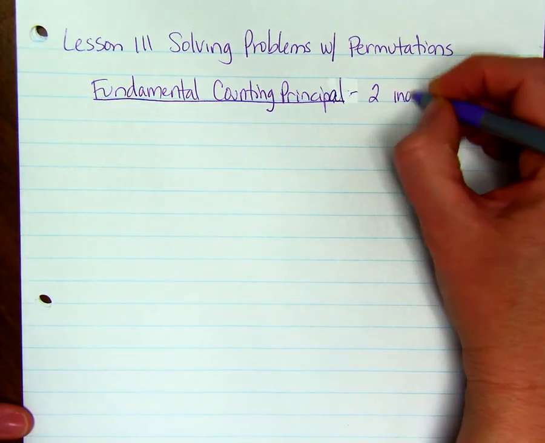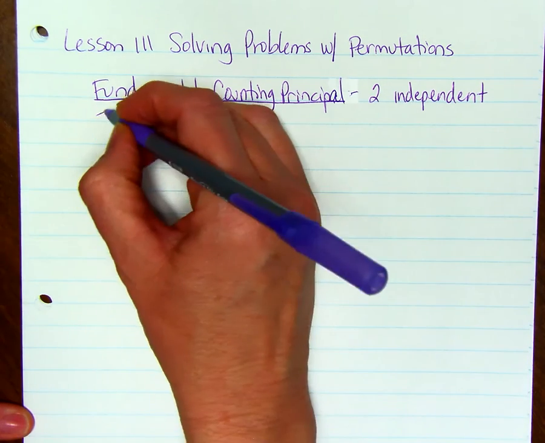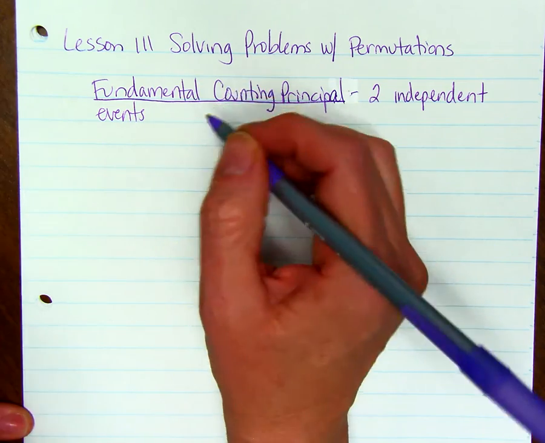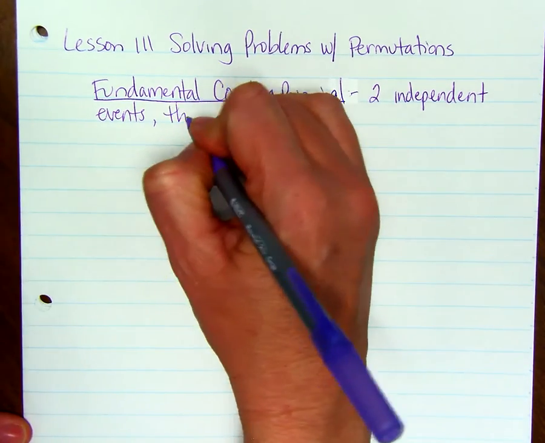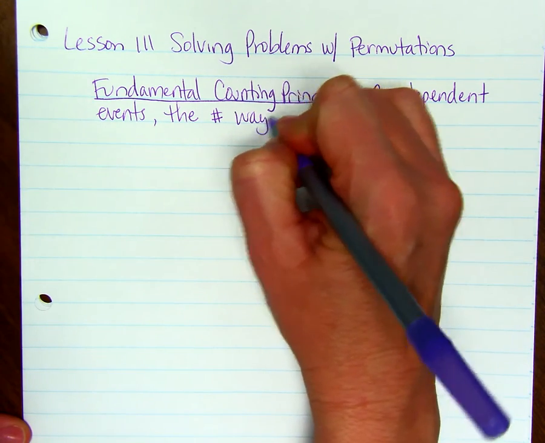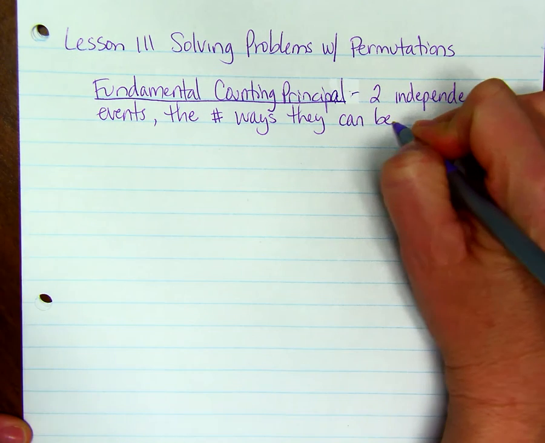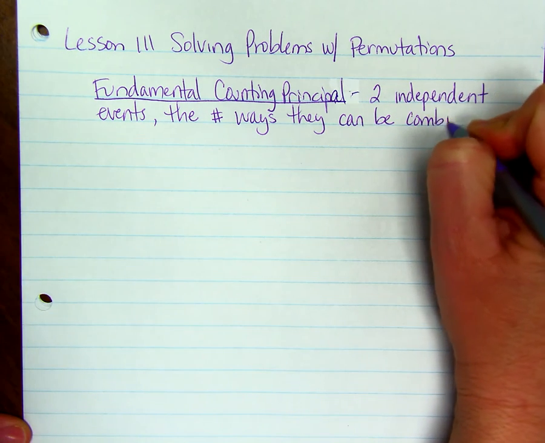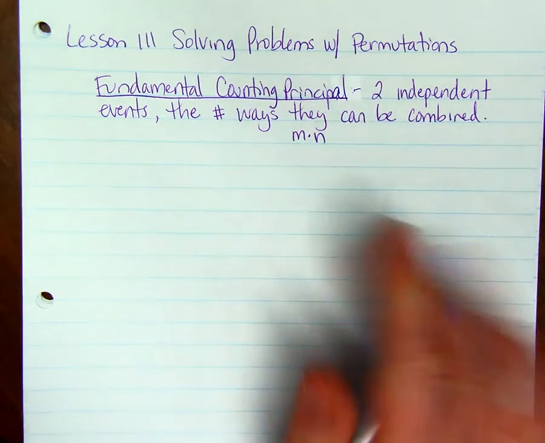If you have two independent events, we can figure out how many outcomes we would have by multiplying. The number of ways they can be combined is m times n.